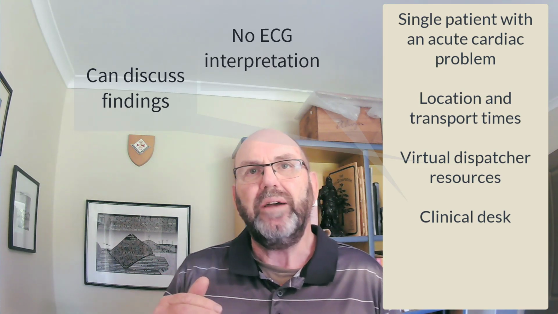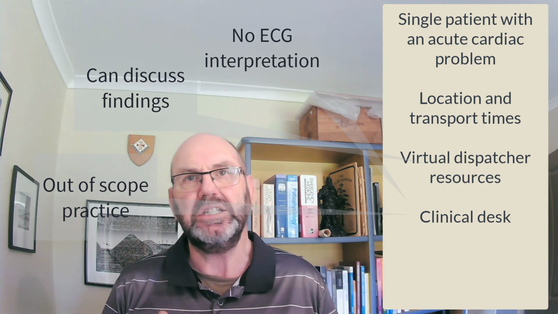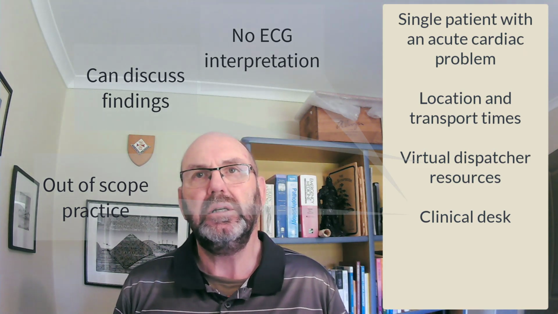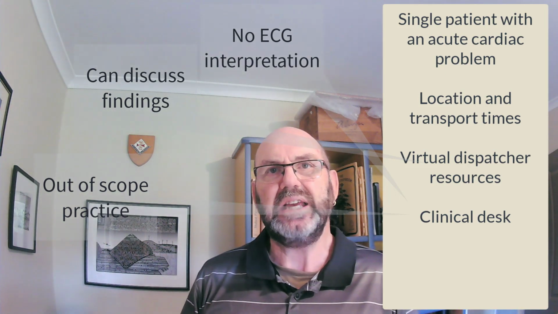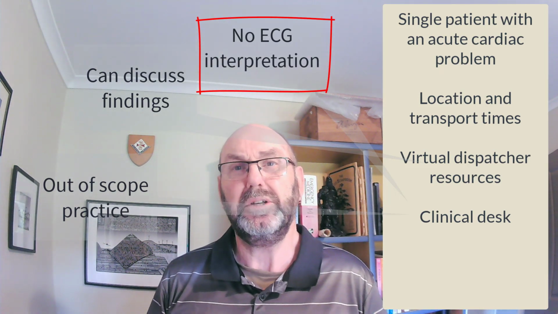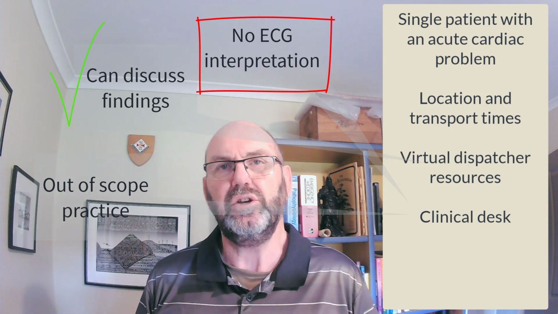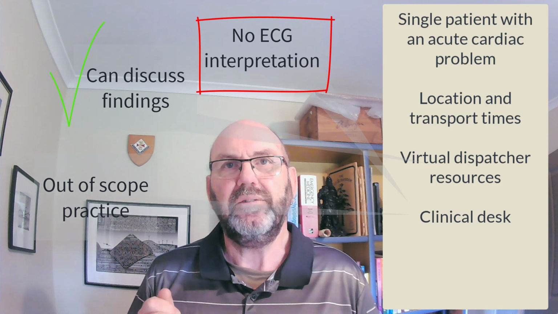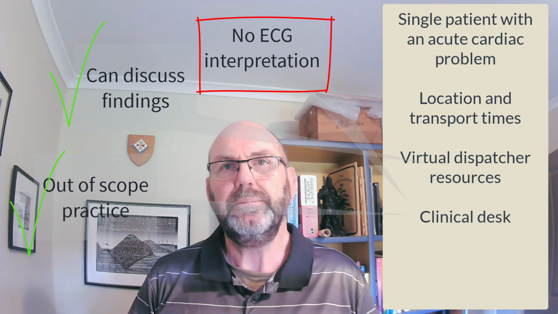As in actual life, they can discuss and advise on treatment plans and out-of-scope practice if you're required to do this. The central theme to the point I'm making here is that the clinical desk cannot provide ECG interpretation, but they can confirm or advise you to look further into your findings. They can give you more information and they can discuss your treatment options as well.